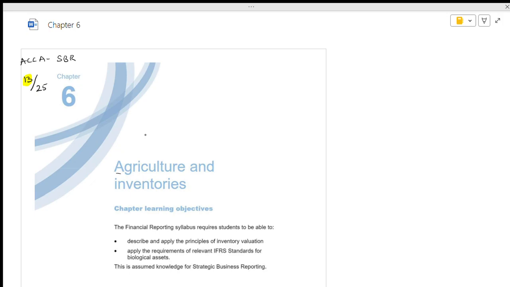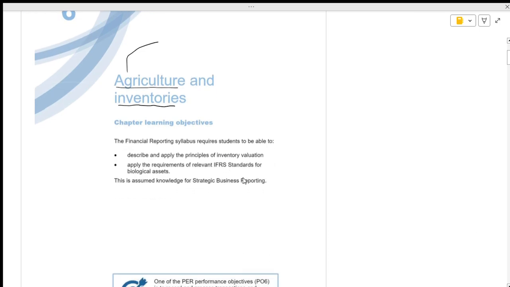It is a topic where most people do a lot of business, and it makes good returns also. And how is agriculture related to inventories? That's very, very important. How are these two related?